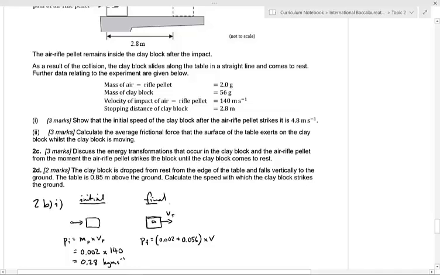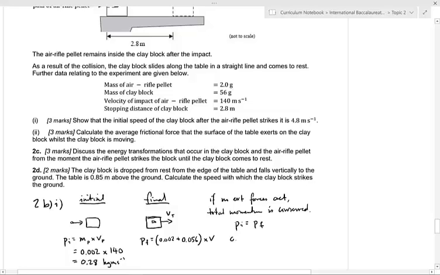And then we say, if no external forces act, total momentum is conserved. Okay, and so we have Pi equals Pf.